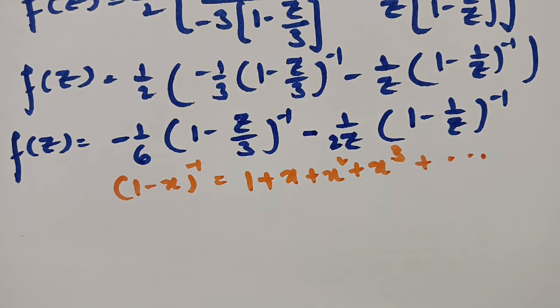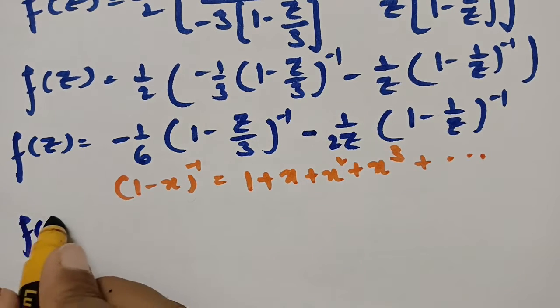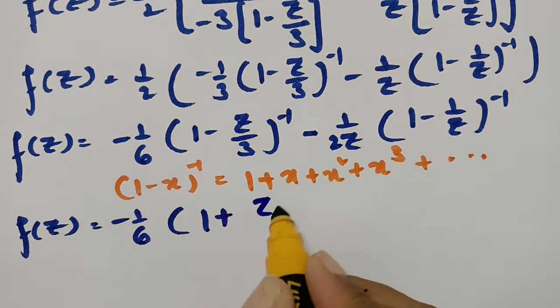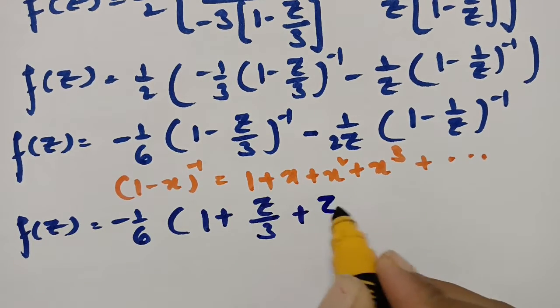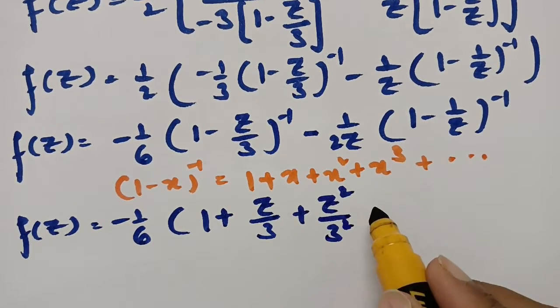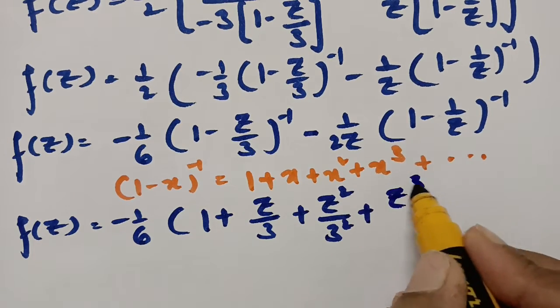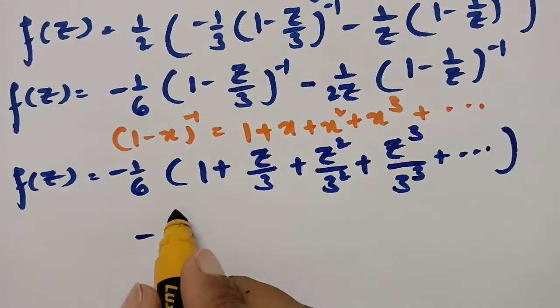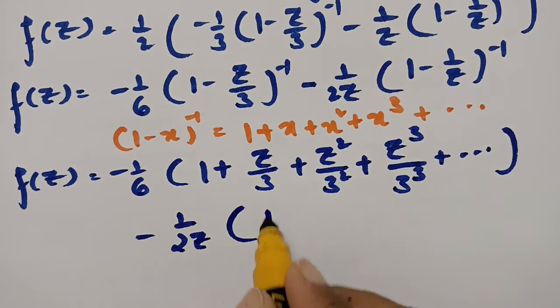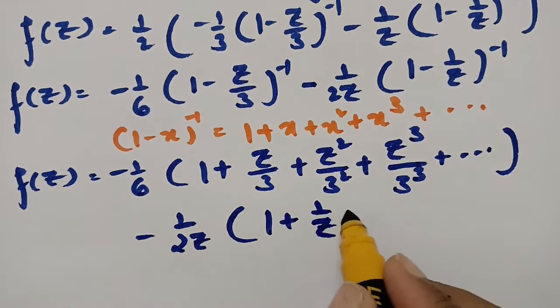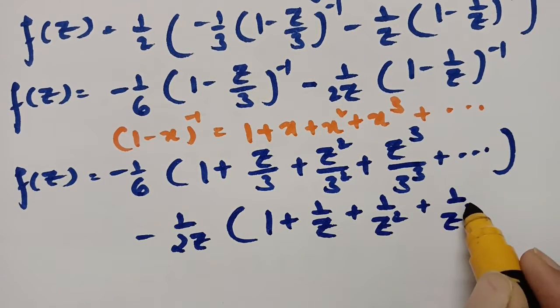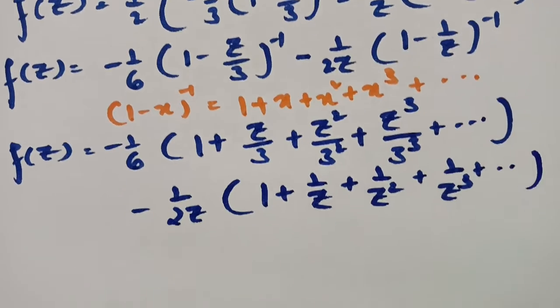Now I am going to apply that expansion. Therefore, f of z is equal to minus 1 by 6 times of 1 plus z by 3, plus z square by 3 square, plus z cube by 3 cube, plus and so on, minus 1 by 2z times of 1 plus 1 plus z plus 1 plus z square plus 1 plus z cube plus and so on.